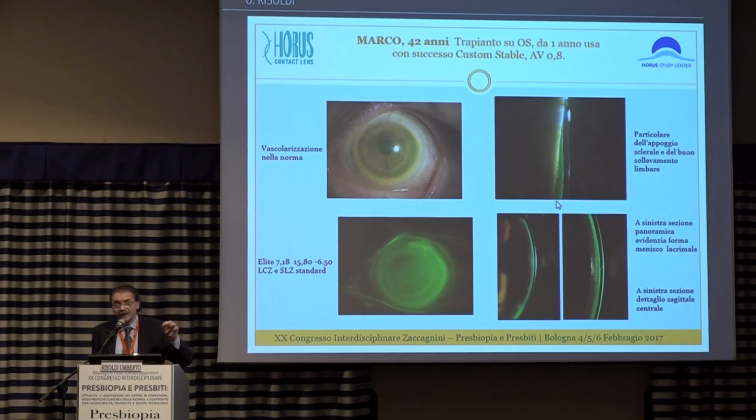The lens is a toric elite, 718, 1580 minus 650. LCZ and SLZ are standard. There's very good coverage. Look at this scleral support and also limbal lifting.